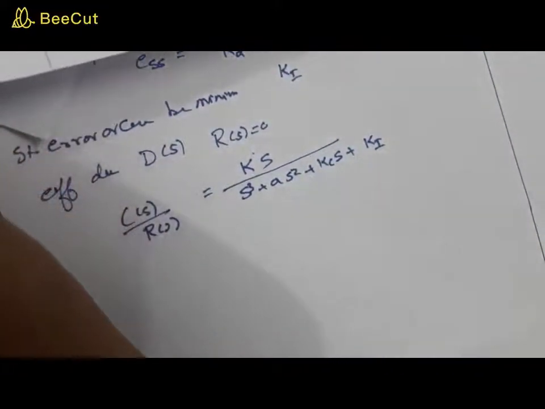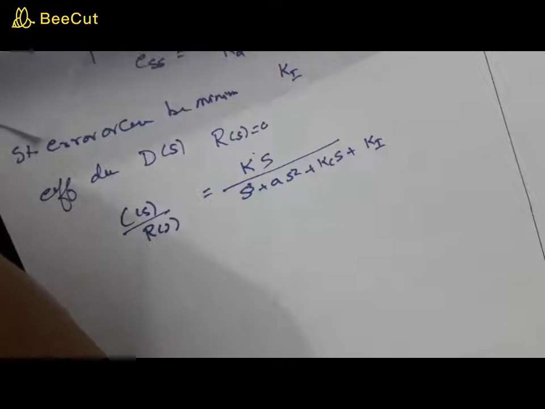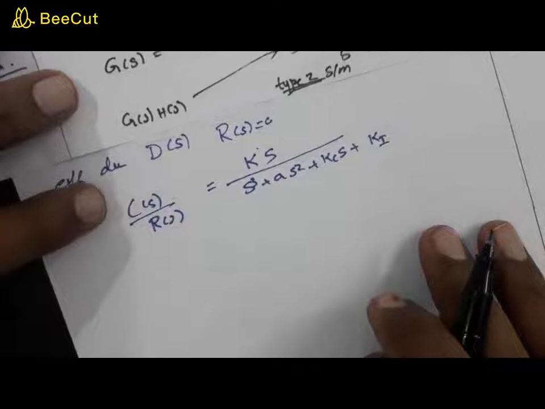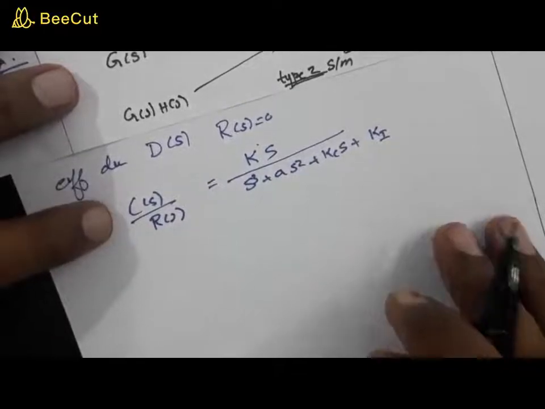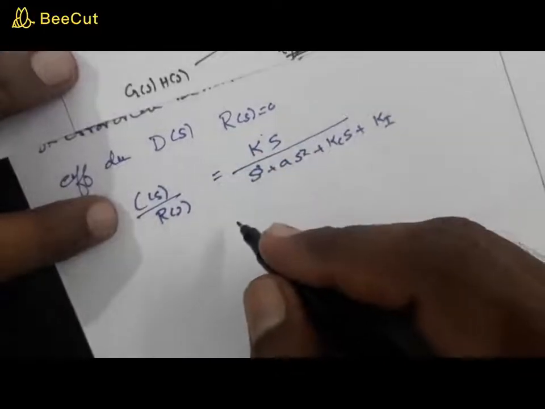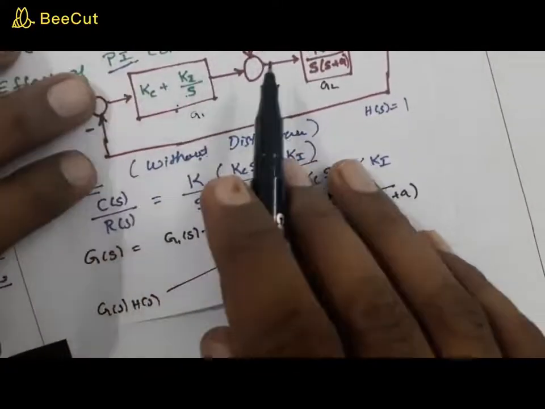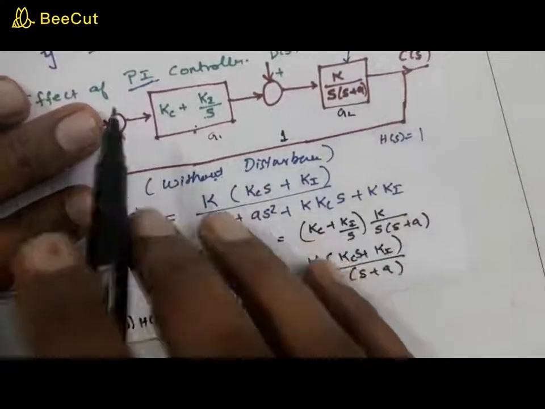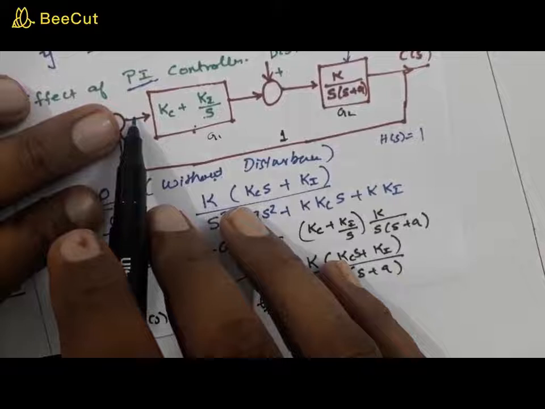Now let us see what the actuating signal is from this. Look at this. Now this has no effect, so this becomes a feedback. The input that comes at the controller will be C(s).